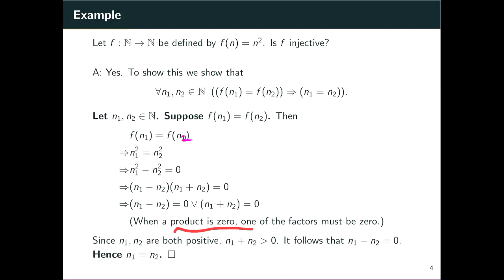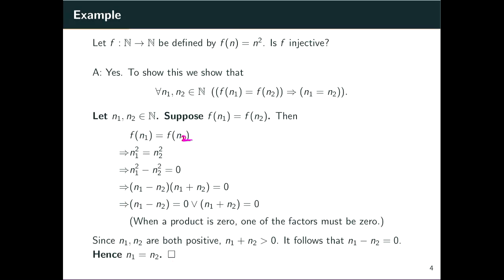That's just because the product is 0 if and only if at least one of the factors is 0. And since n1 and n2 are both positive, the sum n1 plus n2 is larger than 0. So this part can never be true. So the only solution is going to come from this part here. So n1 minus n2 is equal to 0, and therefore n1 is equal to n2.